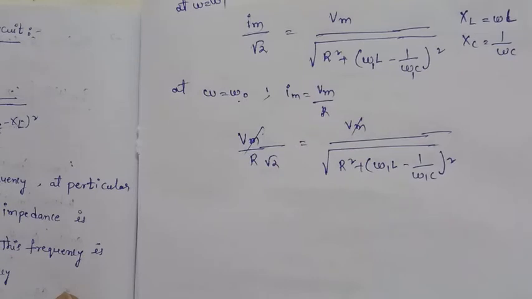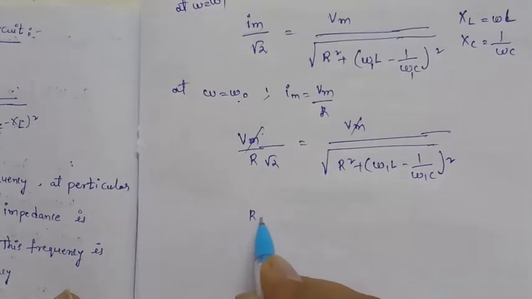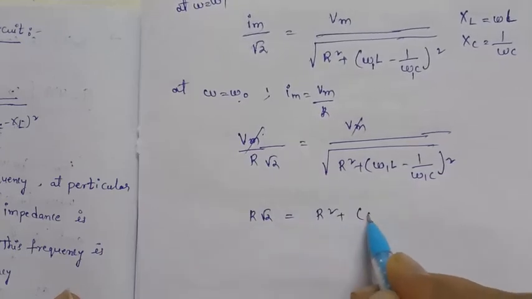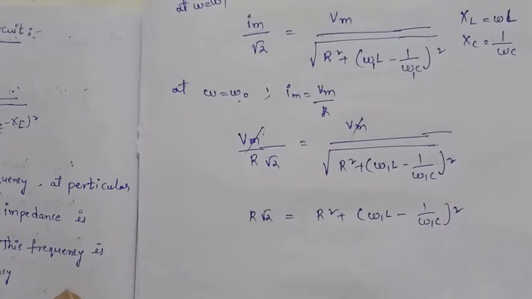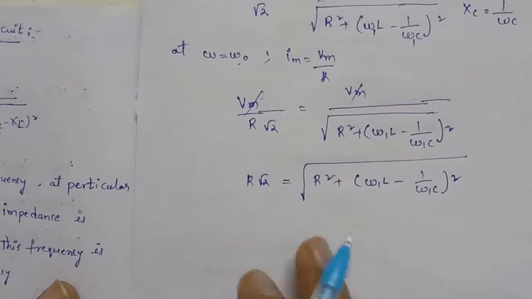We can do cross multiplication. So R root 2 is equal to root of R square plus omega 1 L minus 1 by omega 1 C whole square. Since it has a root, we are now squaring on both sides.